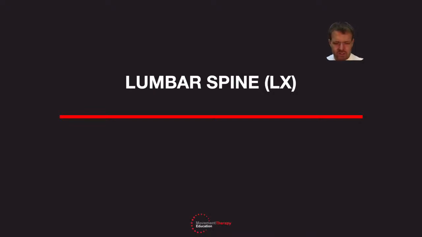If you've not seen this before, I think I might have mentioned it, but different areas of the spine are given different bits of shorthand, and it depends on what profession you have as well. So I first saw LX when I was working at the university with physios, and I was like, what the heck is LX?